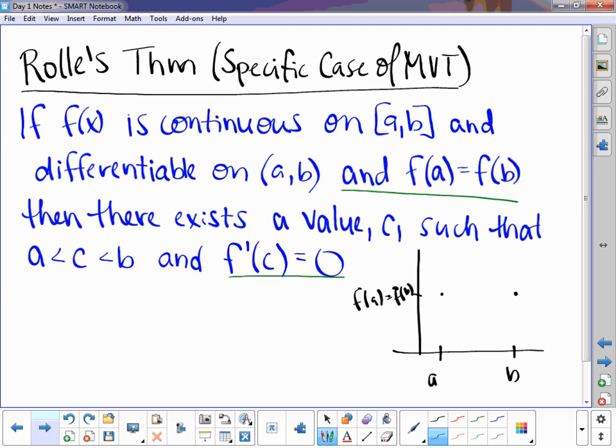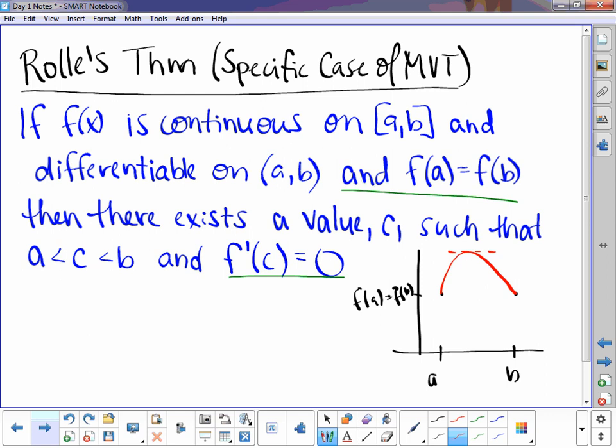Also, if we try to draw any continuous differentiable function where these endpoints are the same, no matter what we do, at some point in time, you're going to have a tangent line that is the slope of 0, or you're going to have a derivative that is 0. So, for example, if I go up, I've got to come back down at some point in time. Notice I have a tangent line that has a slope of 0.